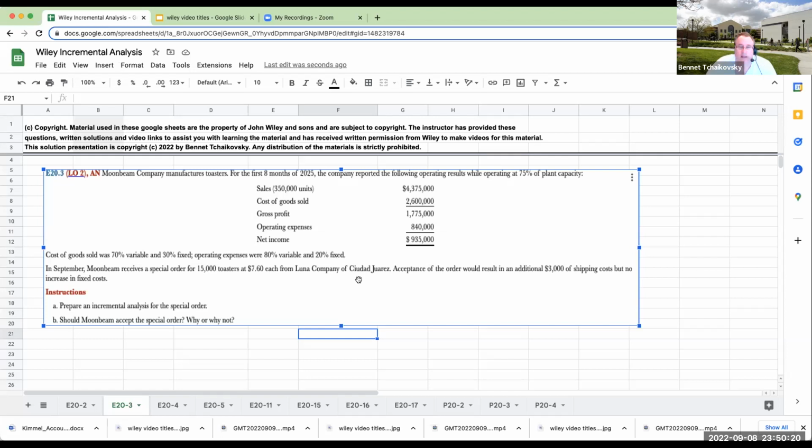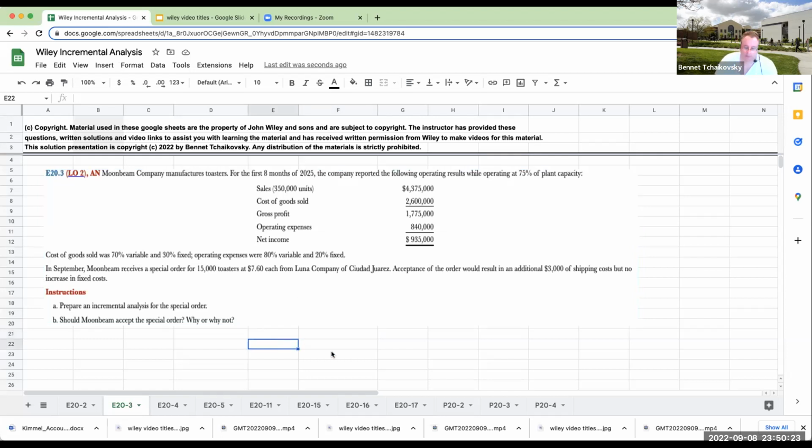Our sales are 350,000 units, and my total amount here is 4,375,000. So I'm selling these for roughly $12.50 per unit.